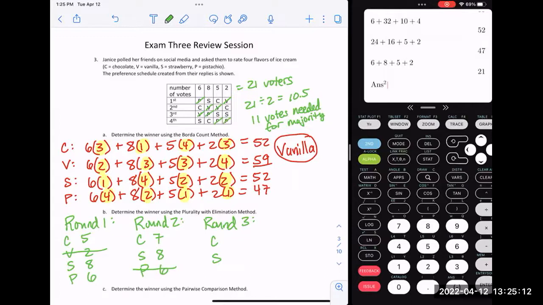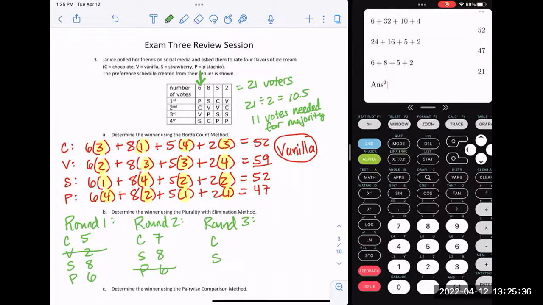Another way, if you don't want to cross things out, is you could just look at how many columns have chocolate higher than strawberry and how many have strawberry higher than chocolate. So like I can see on the first column, those 6 voters, they listed chocolate higher on the list than they listed strawberry. So those would be votes for chocolate.